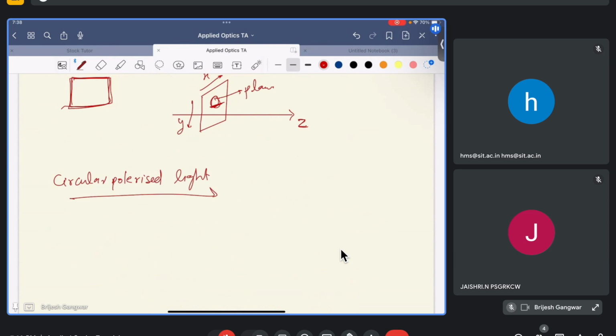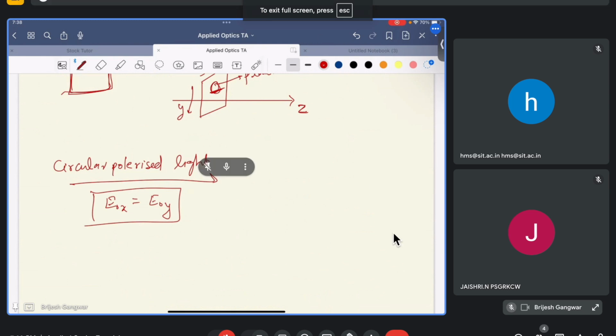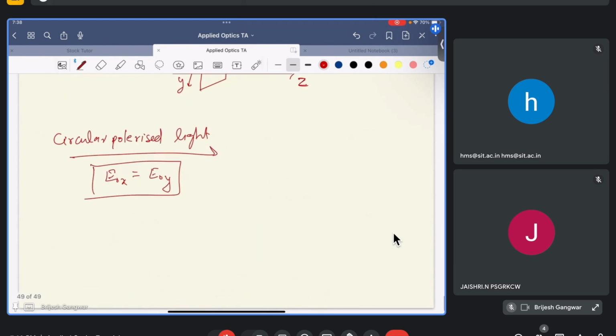Now we consider the particular case that E0x and E0y both have equal amplitude, and the phase difference between these two waves we consider pi by 2. Then what happens? Can you solve the above equation again and find the resultant wave by adding these two waves?